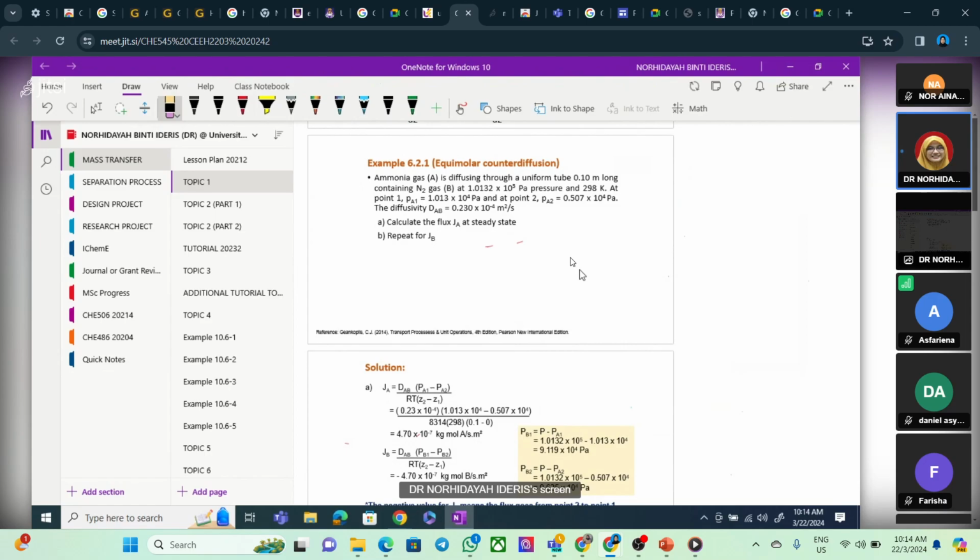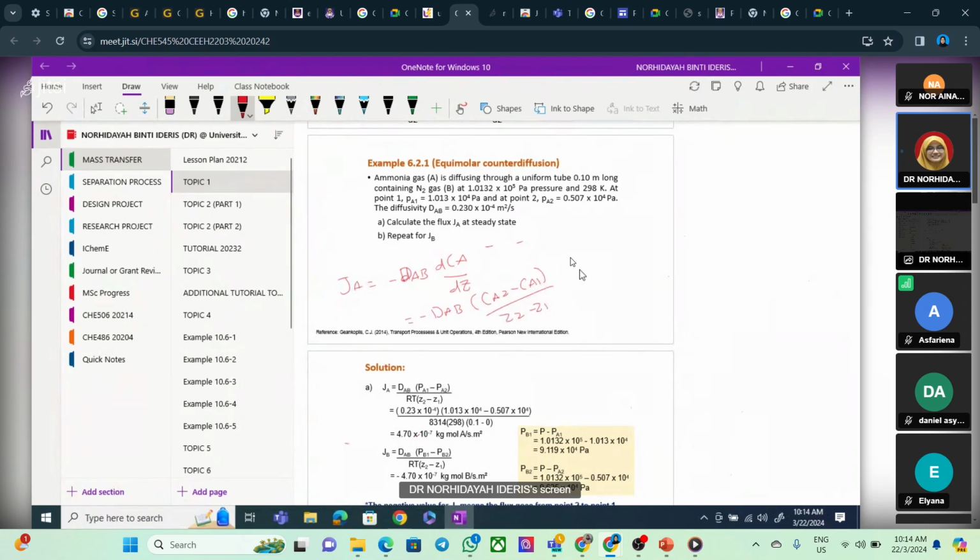By now you should be familiar with this equation of JA. JA is equal to negative DAB dCA over dZ, right? So it's also equal to negative DAB CA2 minus CA1 over Z2 minus Z1.